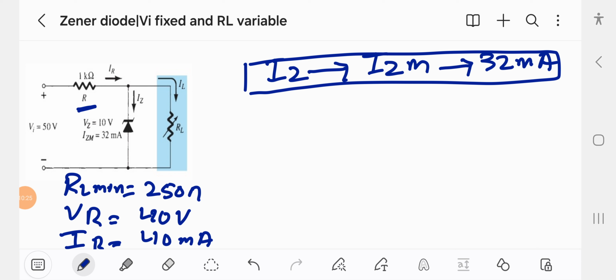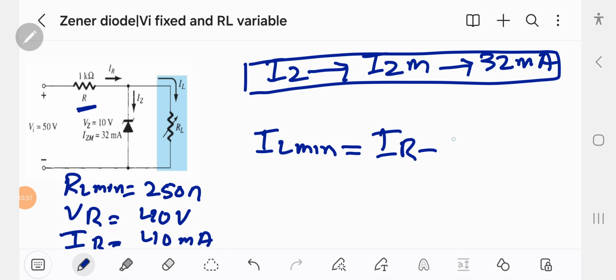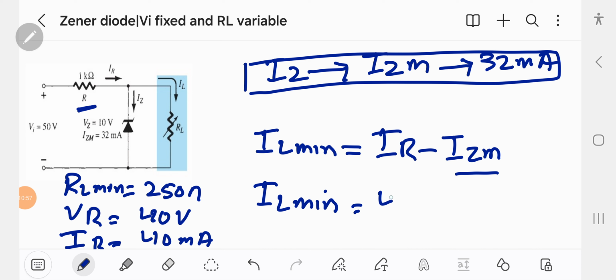Here we consider IL minimum, because IZ here is taken from the table, which is the IZ maximum value. So IZ maximum value here in this case is 32 milliampere. So IR we found is 40 milliampere, for IZM 32 milliampere.